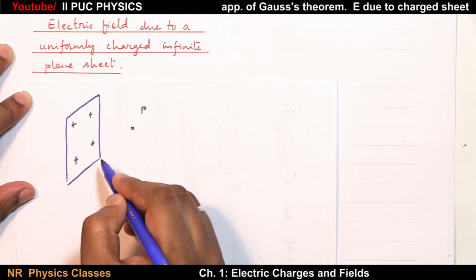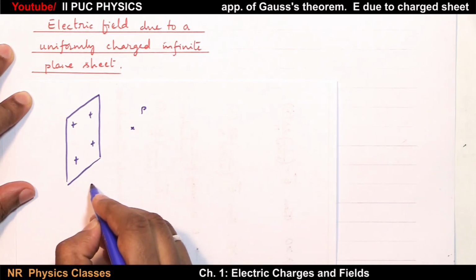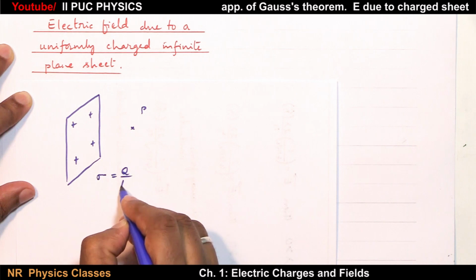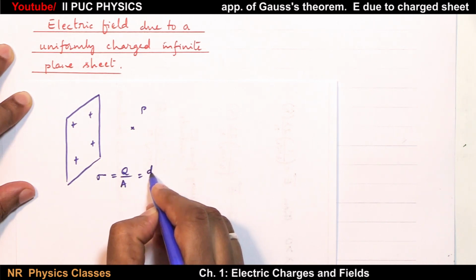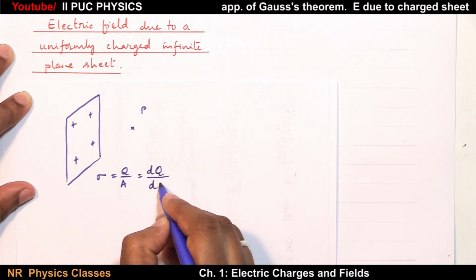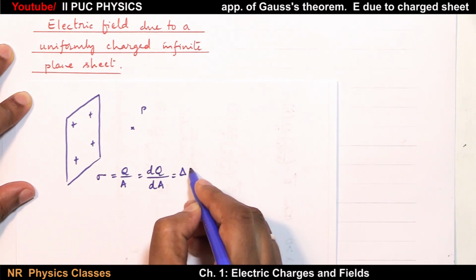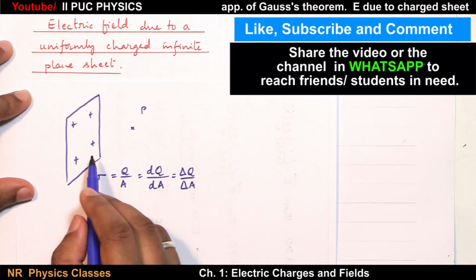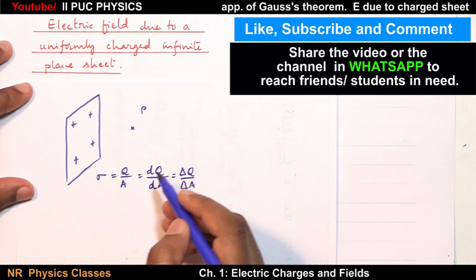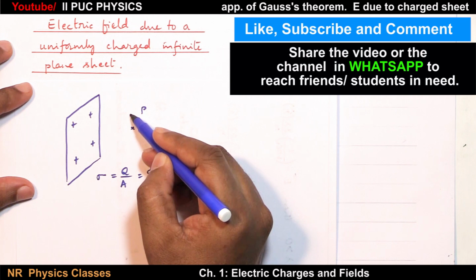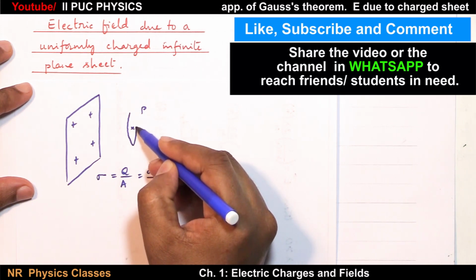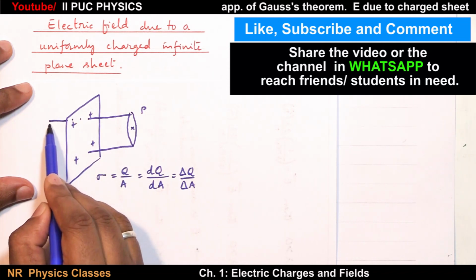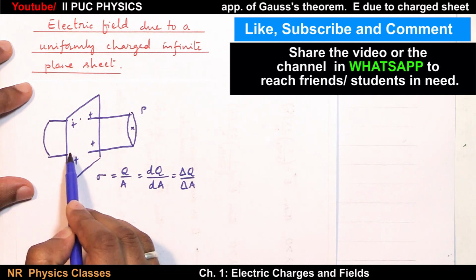Since it is a sheet of charge, it is appropriate to consider surface charge density denoted by sigma, which is charge by area, or small charge by small area, dq by dA, or delta q by delta A. So for the sake of symmetry, in this case, let us imagine a Gaussian cylinder such that half of the cylinder is on one side of the sheet and the other half is on the other side, something like this.